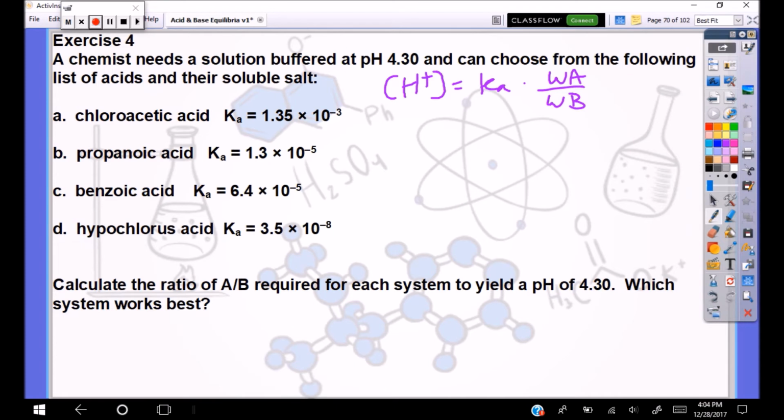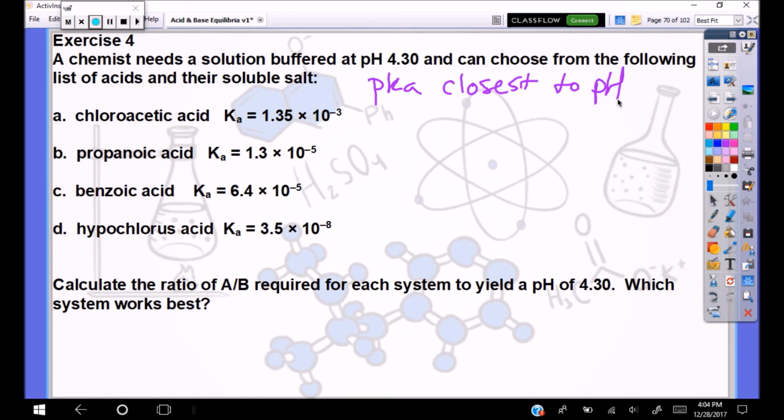If this is 1 times my Ka equals H plus. For a solution to be buffered at a pH of 4.30, we want something with a Ka that's really close to my pH of 4.3, right? So when I approach this, I want to figure out which pKa is closest to my pH, because that will be the one that resists change the most.